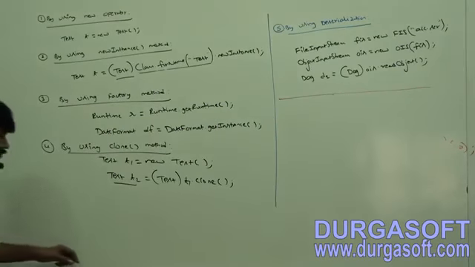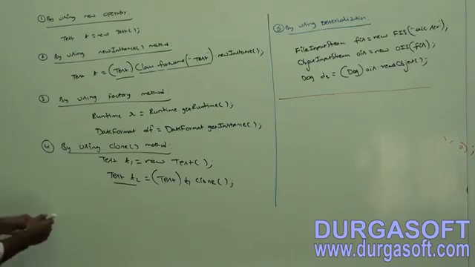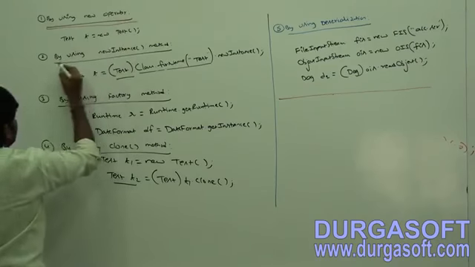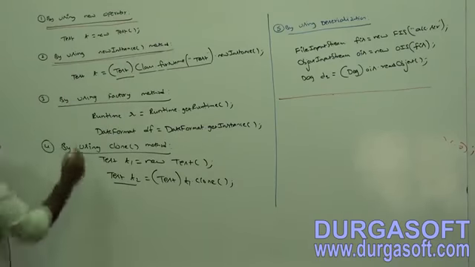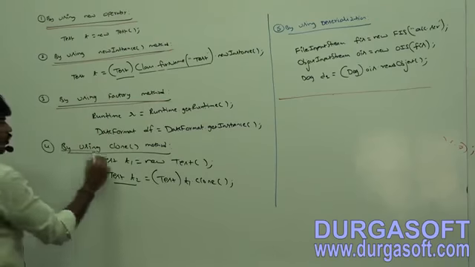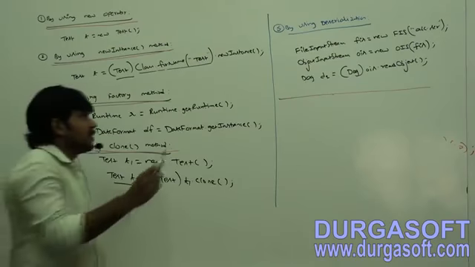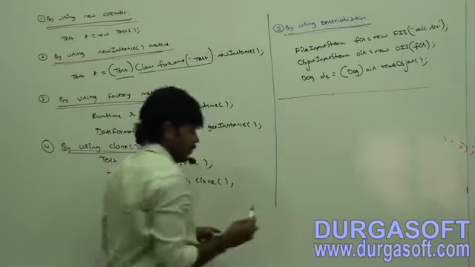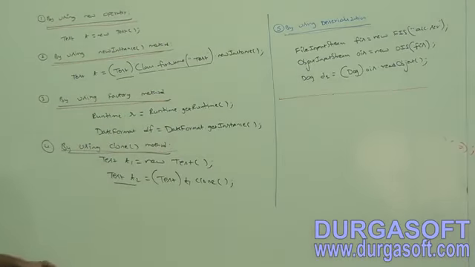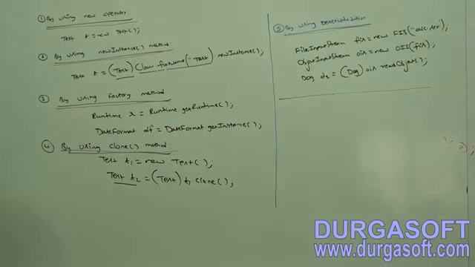By using the new operator, new instance method, factory method, clone method. Next, by using the deserialization concept. That's all. You people should have clear clarity. There are a total of 5 ways to create an object in Java.